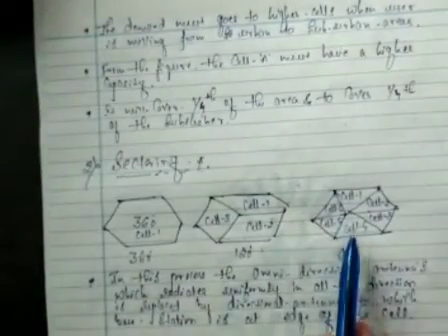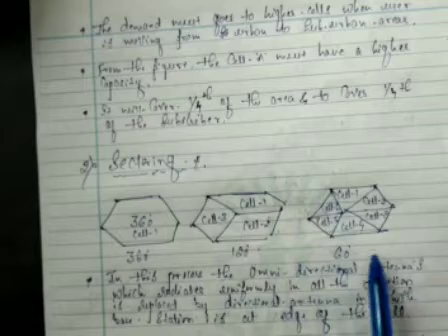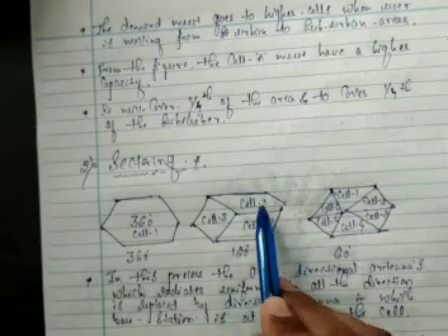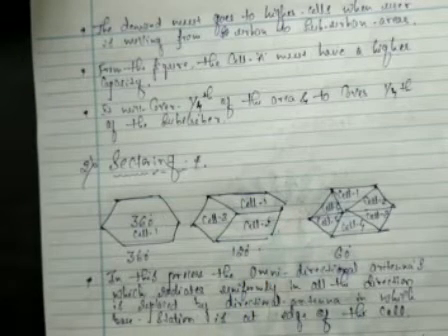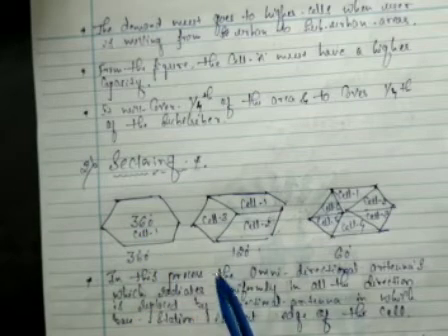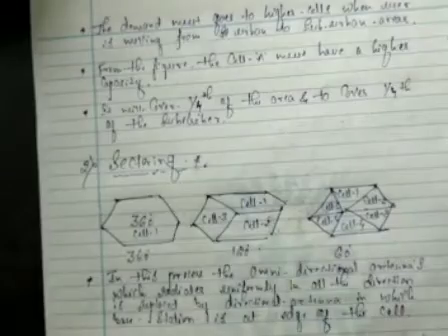So if the population is more, the cell is divided into more number of cells. If the population is medium, the cell is divided into 3 cells, that is 120 degree. If the population is less, it is 1 cell, that is 360 degree. That is the concept of sectoring.